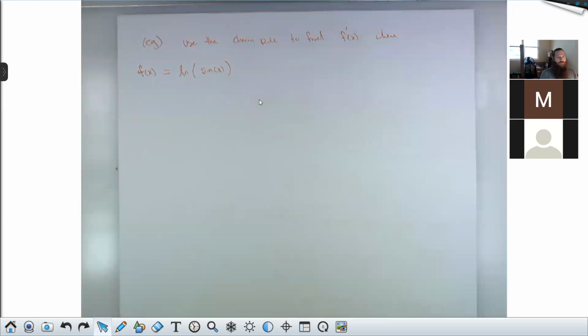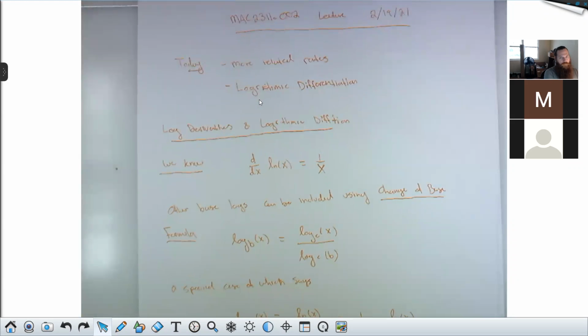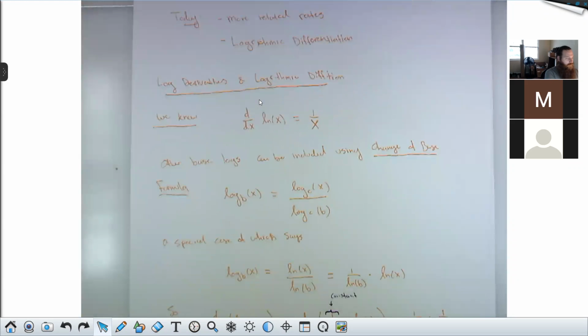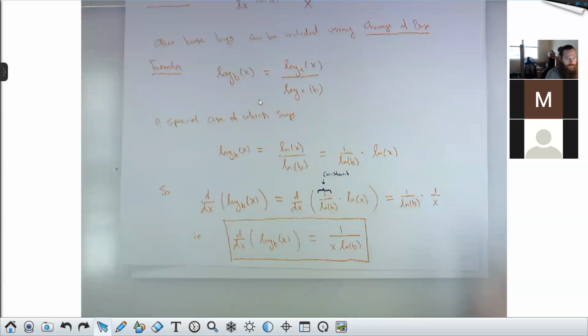What if I want, oh, yeah, here, let me back up for a second. What we're really doing here is just finding the derivative of another base logarithm. So let me insert a little example after this. I'll talk through this again one more time real quick.